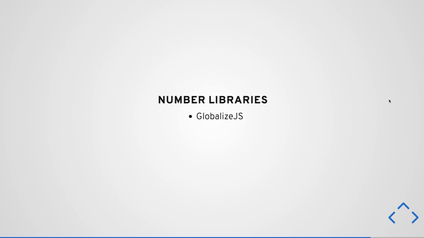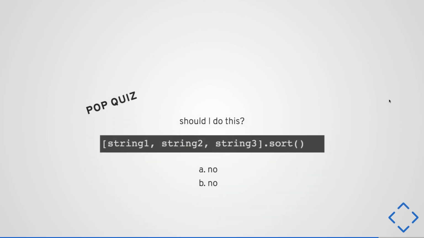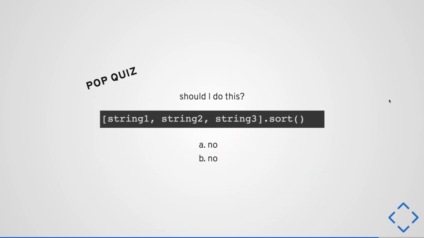All right, collation and sorting. Pop quiz. Should I do this? A, no, or B, no? Which one? C, yes. So this worked great when we were just dealing with ASCII, right?